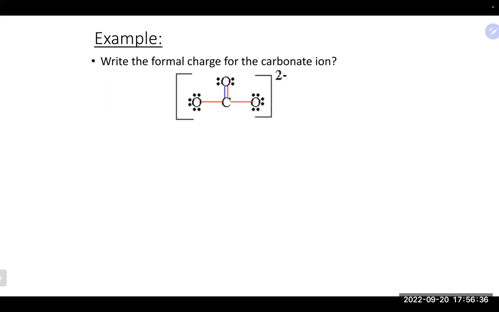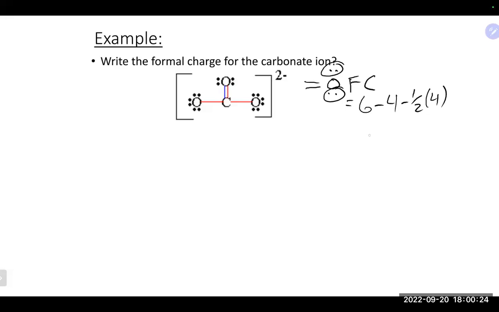So why don't we do carbonate, which we drew earlier? Why don't you calculate the formal charge on all those? Okay, let's take a look here. We'll start with our double bonded oxygen, which, by the way, will turn out the same here. So our formal charge will be 6 minus 4 minus 1/2 of our 2 bonds, which is 4 electrons.